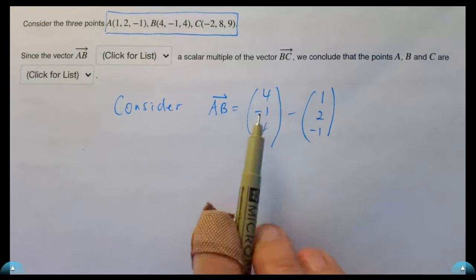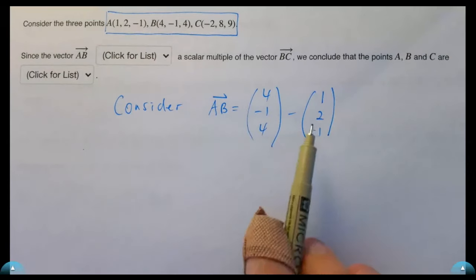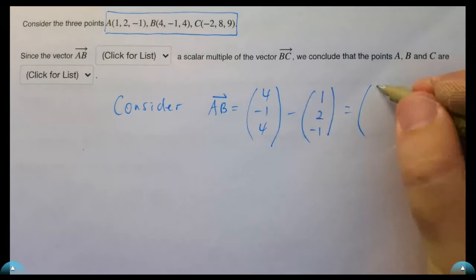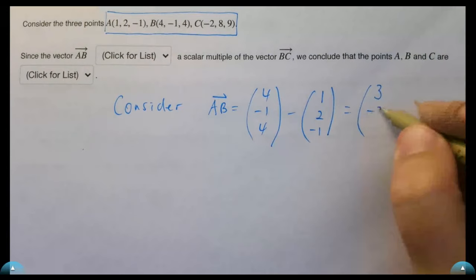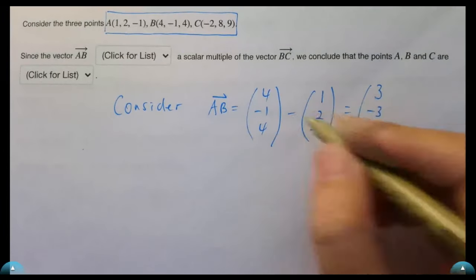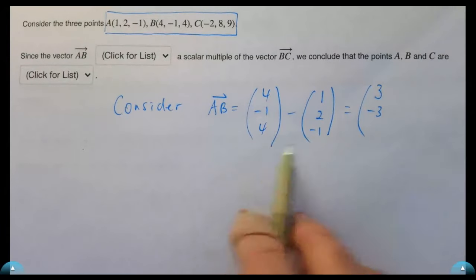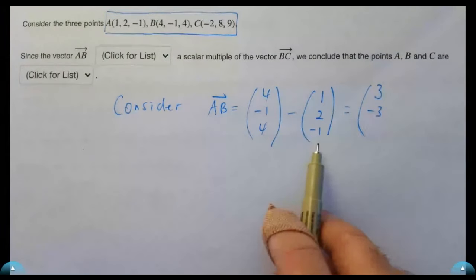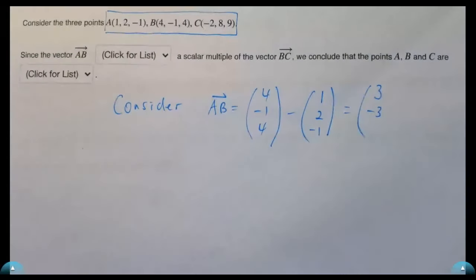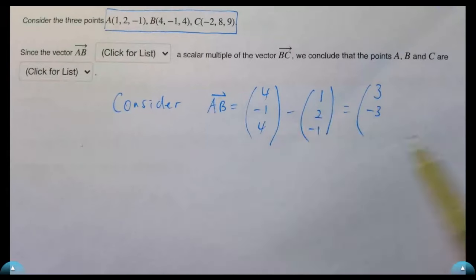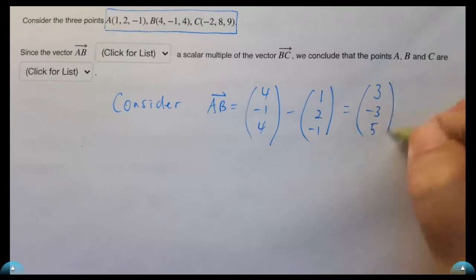Okay, this is the position vector of B, and this is the position vector of A. So we work in a component or entry-wise fashion with normal arithmetic. 4 minus -1 will be, oh, hang on, did I write that down correctly? Let's just check that. So that will be 5. Okay.